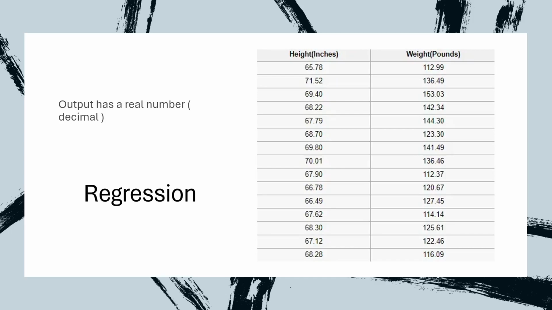I also want to mention some basic things, like regression. Generally, in regression, whenever we give some input, it returns an output. The output is a continuous value. It can be a real number or a decimal float number.